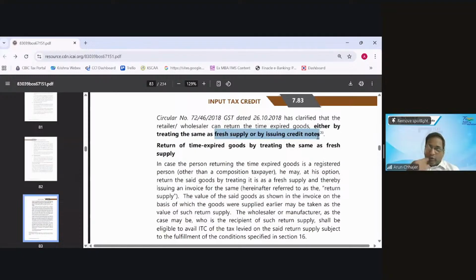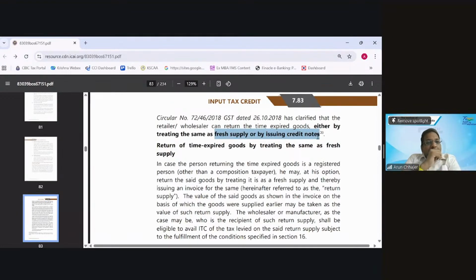I am a supplier, you are my customer. I am giving you 100 units of any material. Now you are returning two units of the material. Either you can return and I will issue the credit note, or you can treat this as a fresh supply, meaning you can raise the tax invoice to me of 2 units.